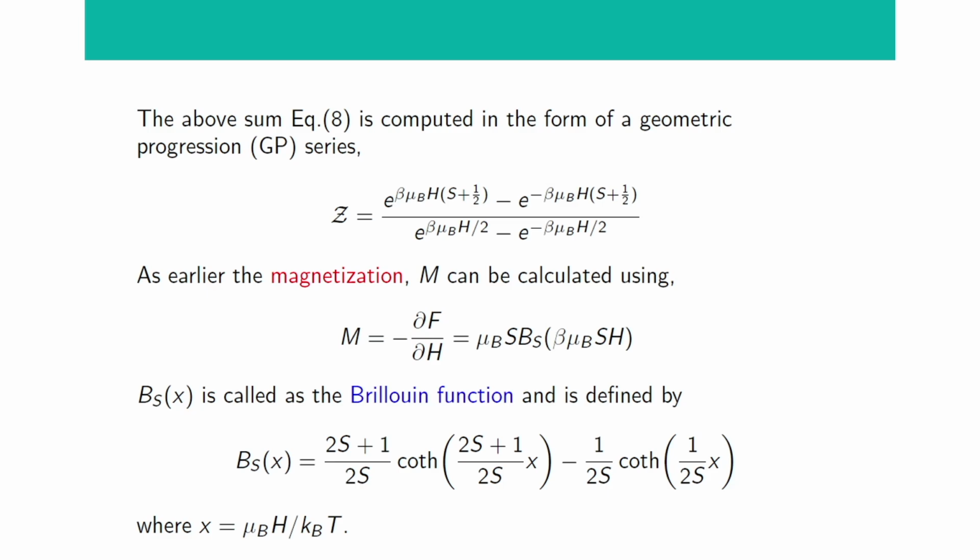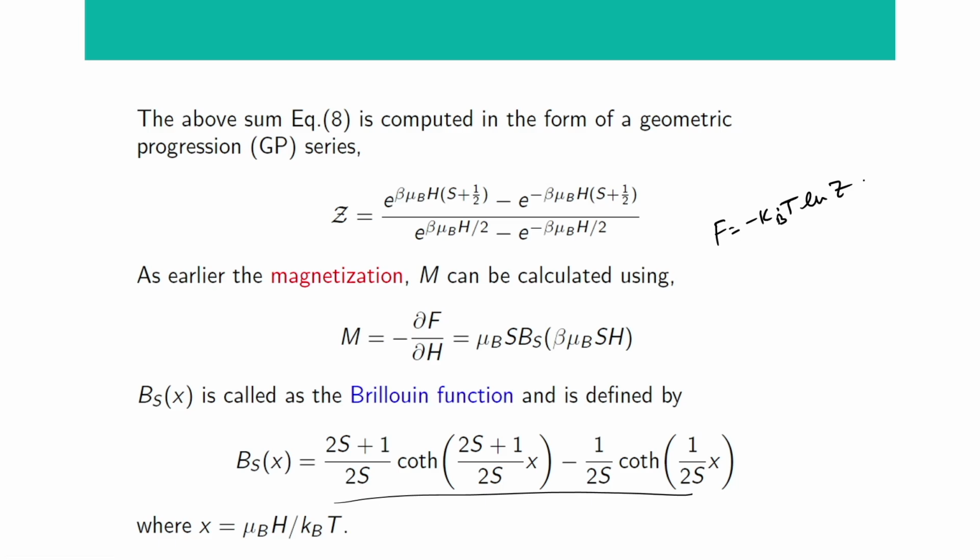So, one can calculate this partition function in a closed form, which will be obtained by summing up a GP series, and then you take F is equal to minus kT log Z, and then calculate M with this formula using minus del F del H, and one gets a Brillouin function, which is nothing but this thing where x is equal to mu_B H over kT.